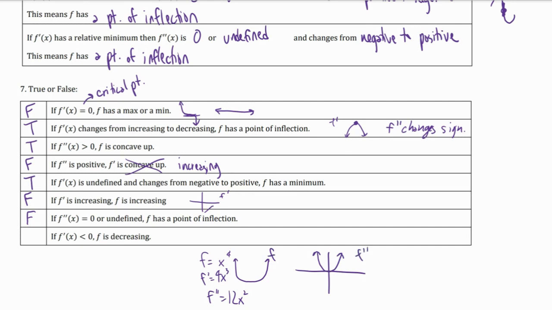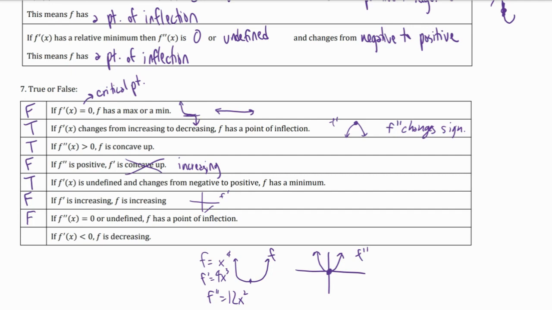If f double prime does not change signs, there is no change in concavity on f. You'll notice that f is just concave up. F double prime is never negative. So there is no point of inflection. There has to be a change in concavity. So f does not have a point of inflection, and f double prime does equal 0.